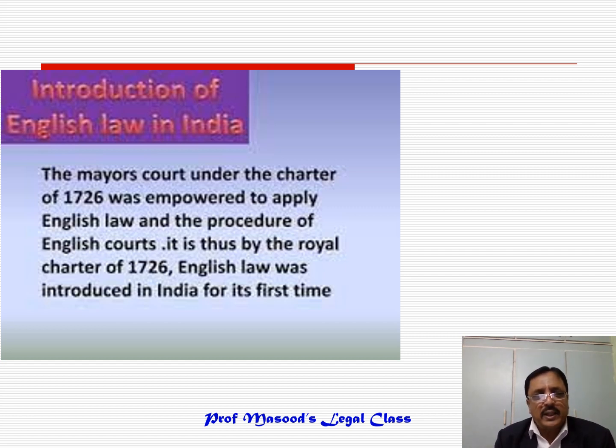So the Indian laws, whether the central enactment or the state enactment, have got the British background. This we should remember. And this was actually the turning point. It is 1726, when English law was introduced in India for the first time.